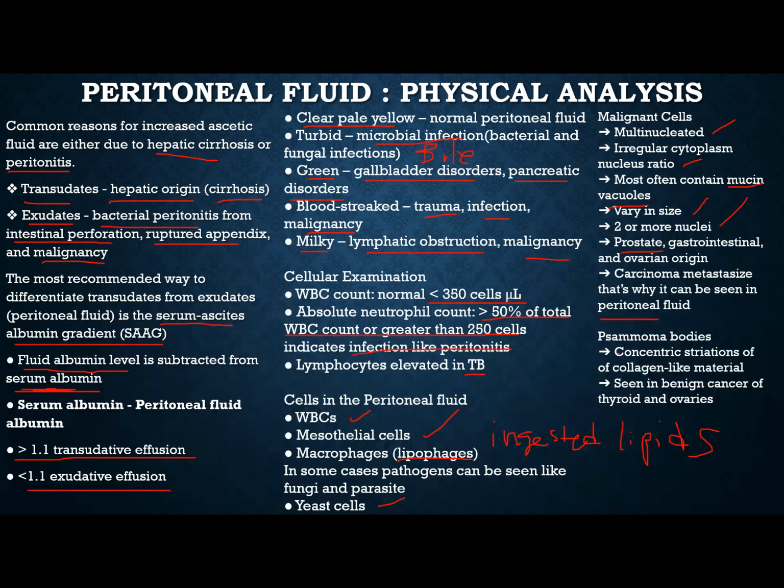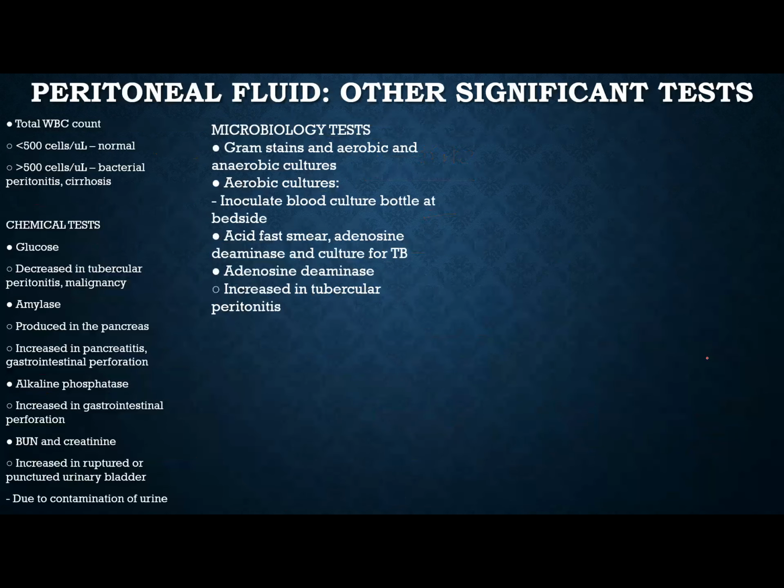And a known cell, class, in peritoneal fluid, siya yung katangi-tangi, is known as your psammoma bodies. So psammoma bodies are concentric striations of collagen-like material seen in benign cancer of thyroid and ovaries. So don't forget the psammoma bodies in your peritoneal fluid, seen in benign cancer of thyroid and ovaries.